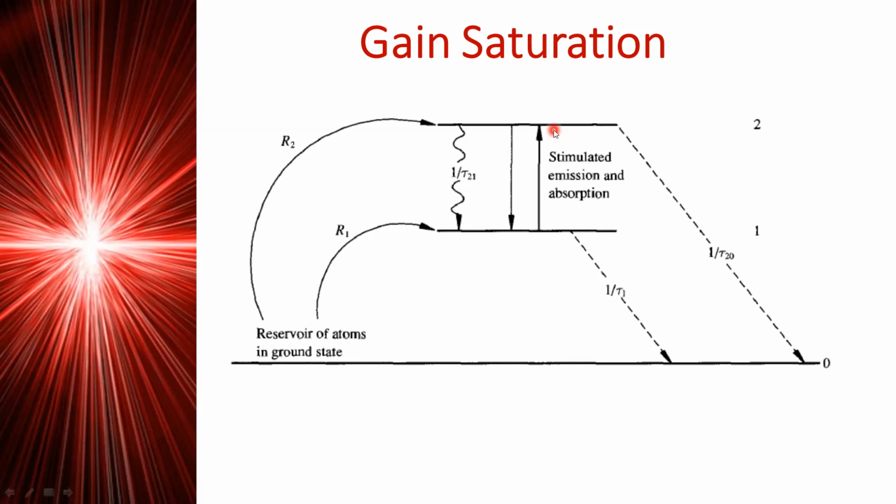Maybe one of the questions that we will try to answer in this lecture: why do we need 3 levels? Why should we start designing our laser on 3 levels? Or, in another way, why don't we have a 2-level laser? We should answer this very important question during this lecture.